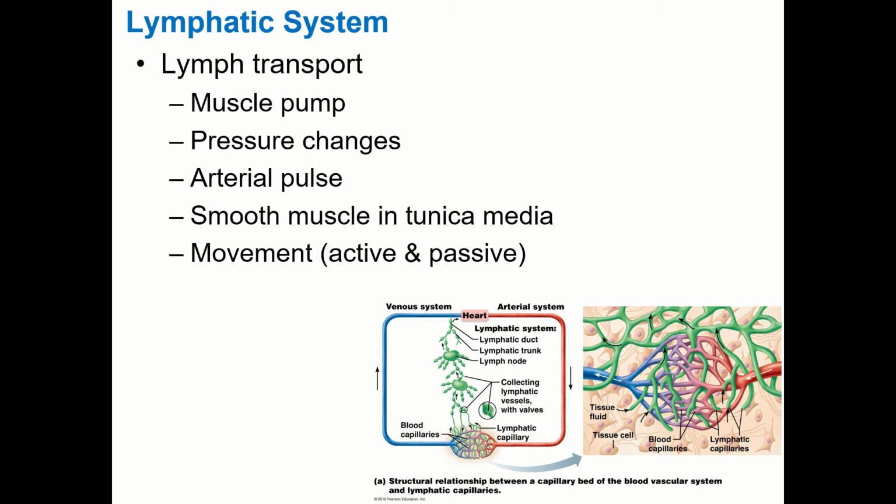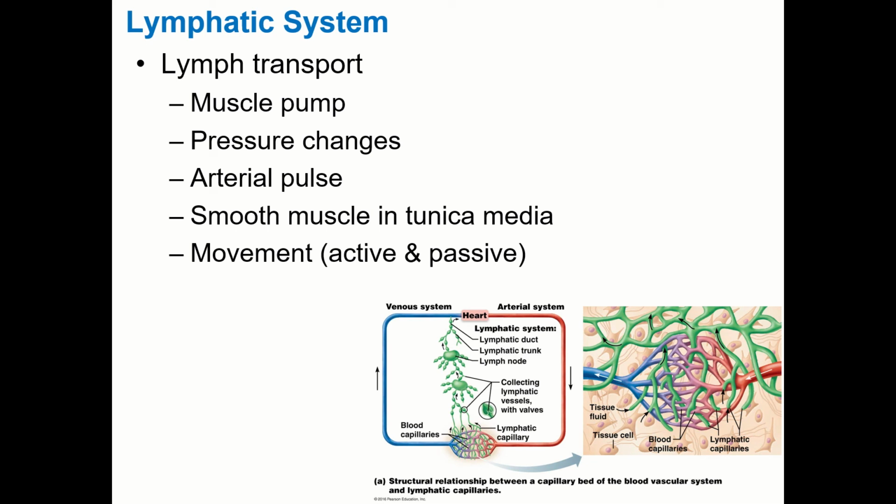As the muscle contracts, it squeezes not only the veins but also the nearby lymphatic vessels. It compresses them and pushes the lymph up, or proximally, if we're talking about the extremities. Then when the muscles relax, the lymph would tend to be pulled back down by gravity, but those valves stop that. So the muscle pump is really important to pushing lymph back toward the thoracic cavity.